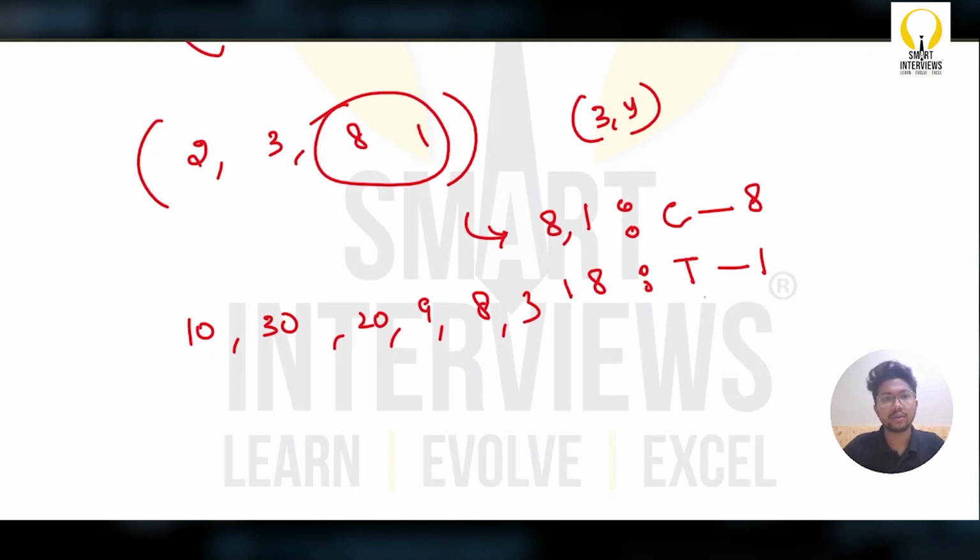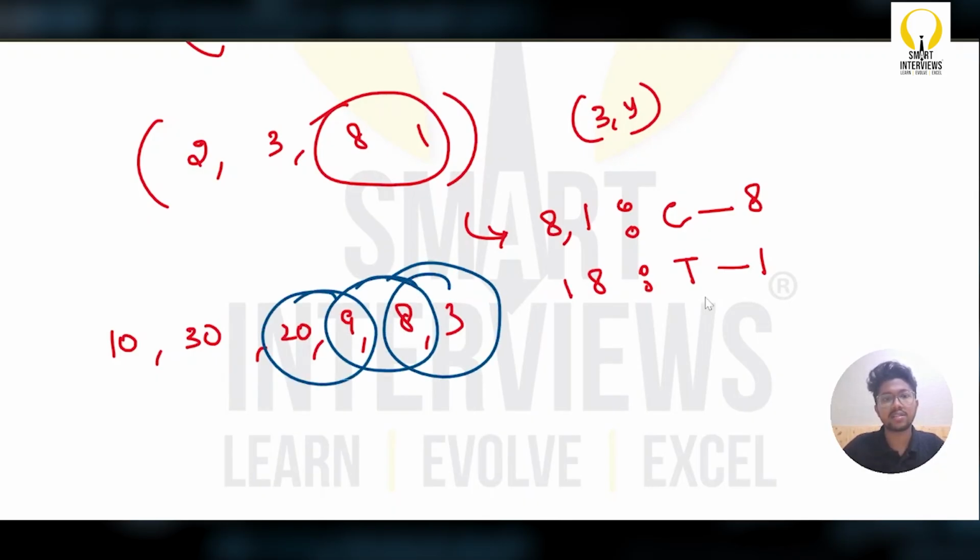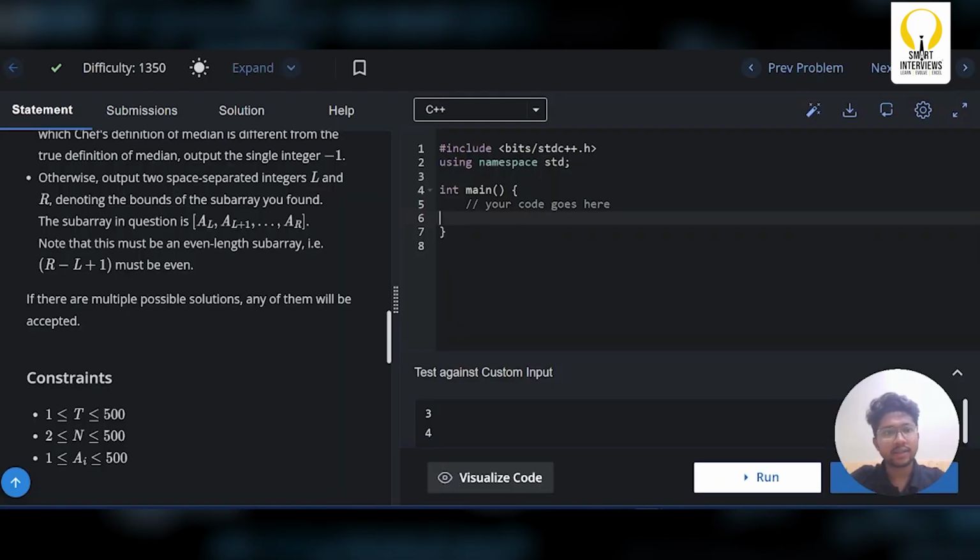So I can say that this is my answer, this is my answer, and this is my answer. You can print any one of them. Okay, cool. Let's convert our logic into code here.